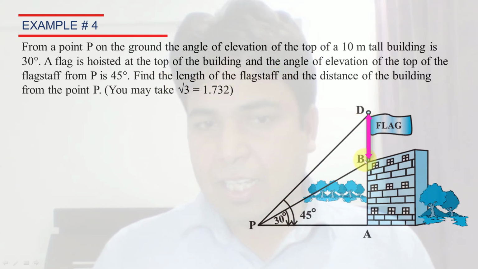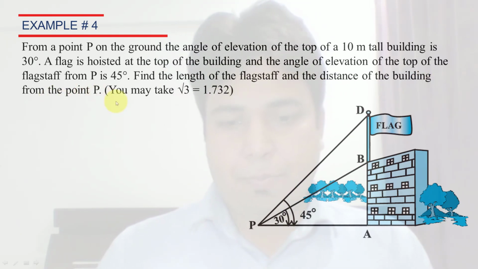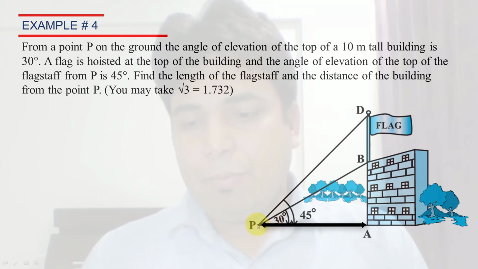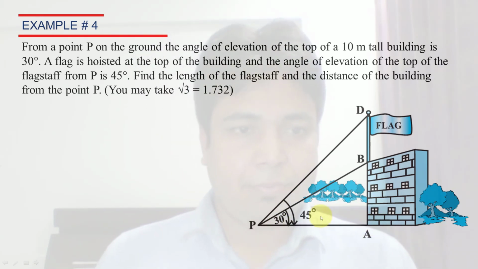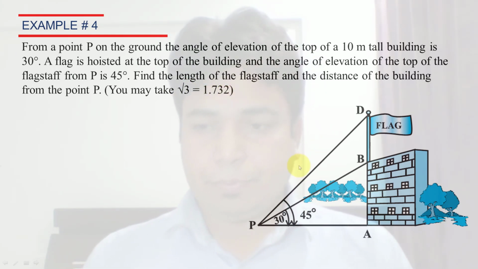We need to find the length BD and the distance of the building from the point P, hence we also need to calculate the PA distance, and it is given that root 3 is equal to 1.732.